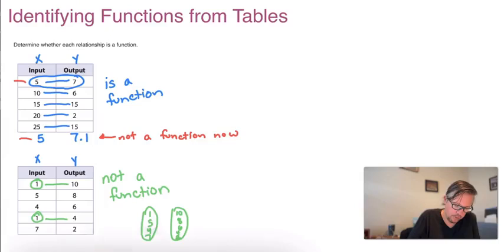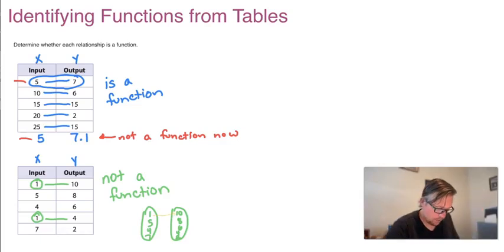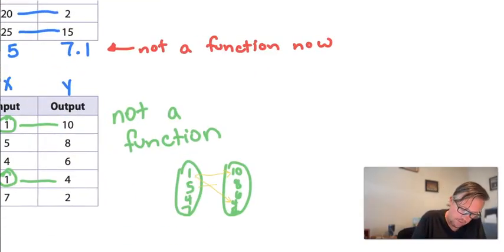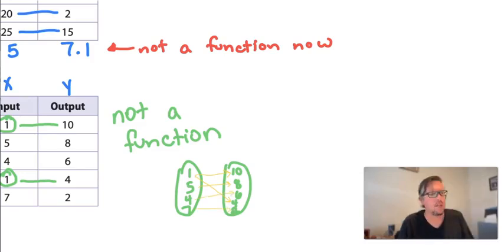And then whenever I drew my arrows, the arrow going from 1 would go to 10, and it would also go to 4, just like that. Now the rest will be fine. 5 goes to 8, 4 goes to 6, and 7 goes to 2. The rest of it's fine, but because that number 1 goes to two different outputs, it's not a function.